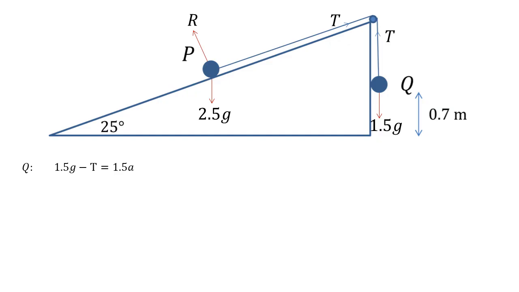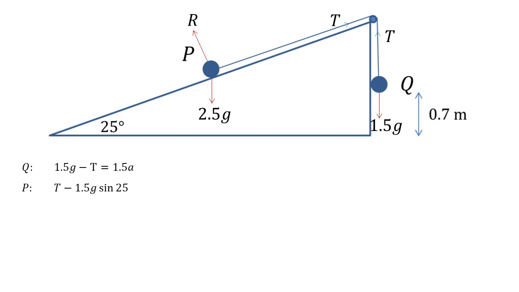We're going to do the same thing to P now. P has got T pulling it up the slope. Now it's got part of the 2.5G pulling it back down. But because the 2.5G is acting vertically downwards, it's not acting parallel to the slope, we're going to need to take a component of this. So when we've got our downwards force, to work out the part parallel to the slope, we're going to use sine of 25.